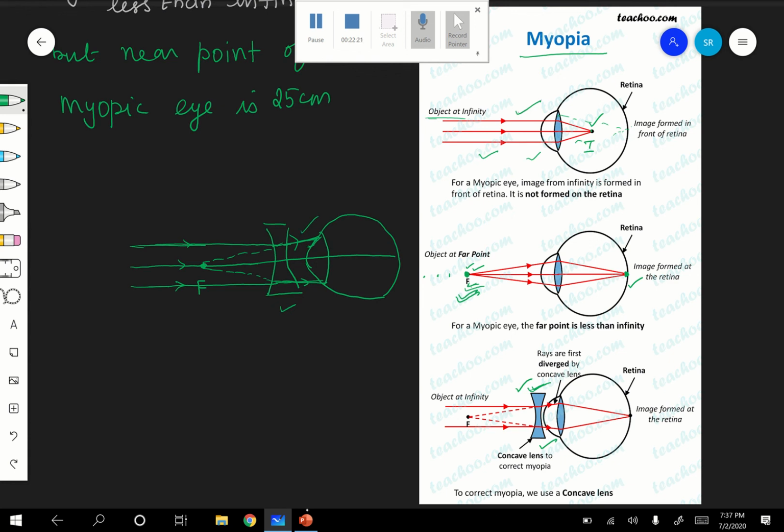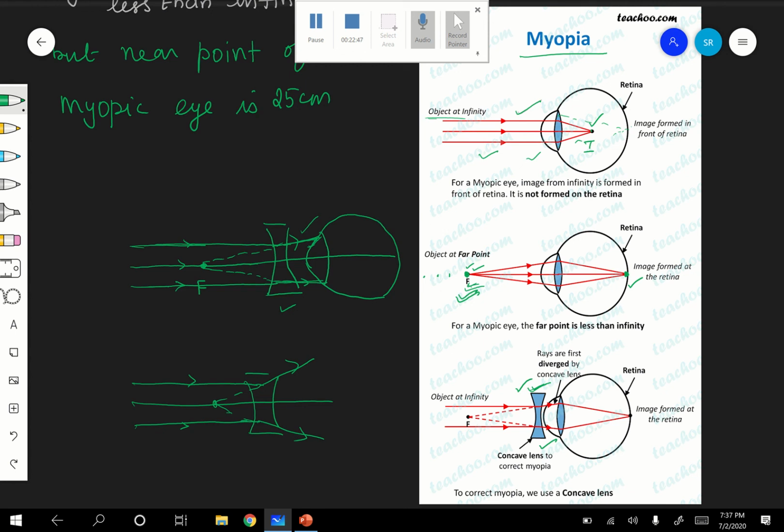You know very well about the concave lens: when parallel rays come, you have already studied, they will be diverged. When you extend them in the opposite direction, they meet at the focus. The same thing is happening here also.